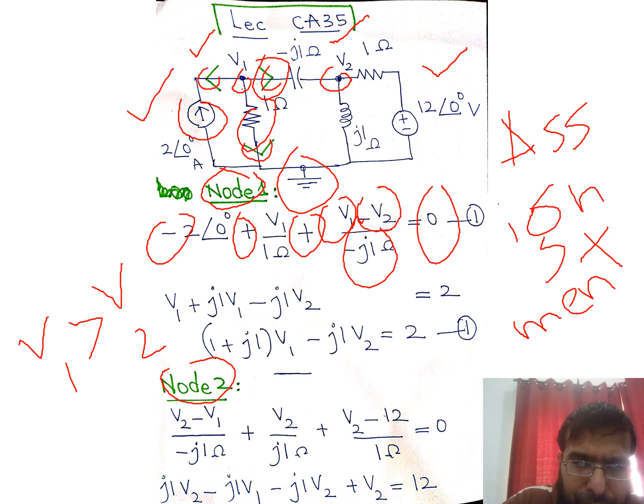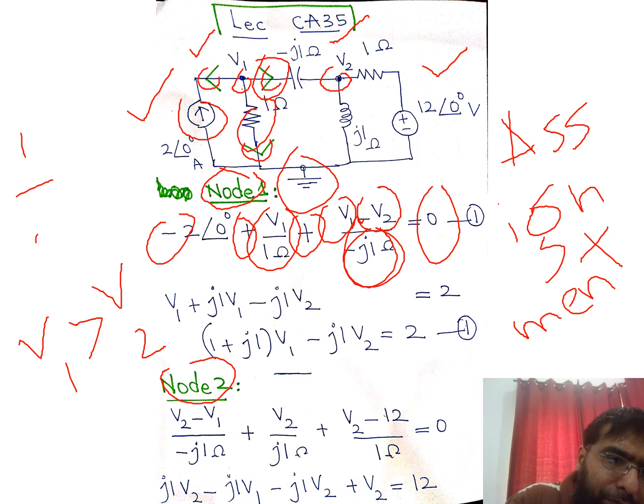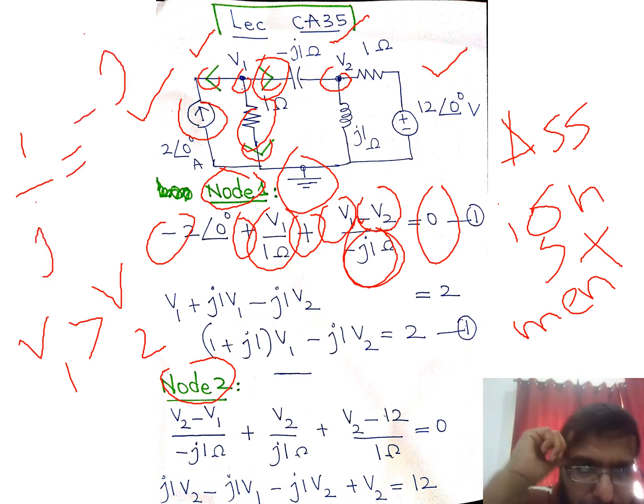Once we solve this, V1 over 1 is V1, where this minus j1, we already know that 1 over j is minus j. We already know this. And then this means 1 over minus j is plus j. So this minus j, taken into the numerator, becomes plus j.